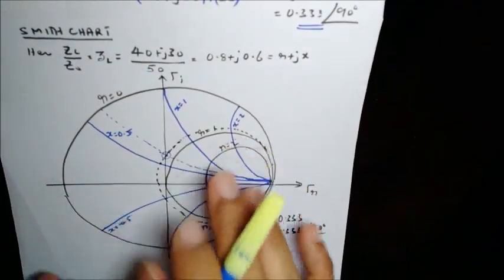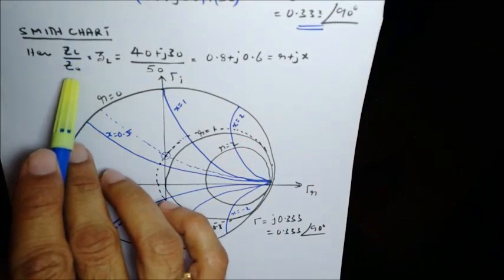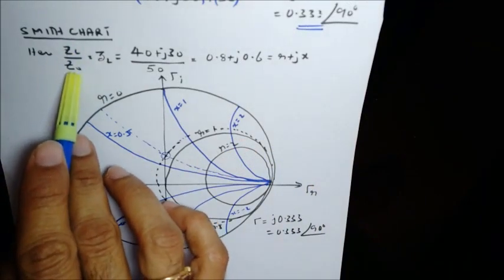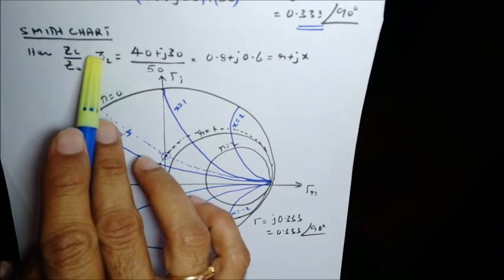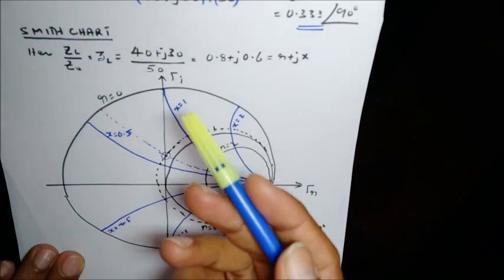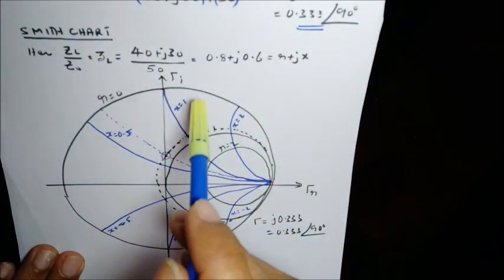So what we do first is we normalize the given load impedance by dividing it by the characteristic impedance and end up getting a normalized load impedance, which I will write as small letter zL. If you remember, this is how we started to derive the Smith chart.